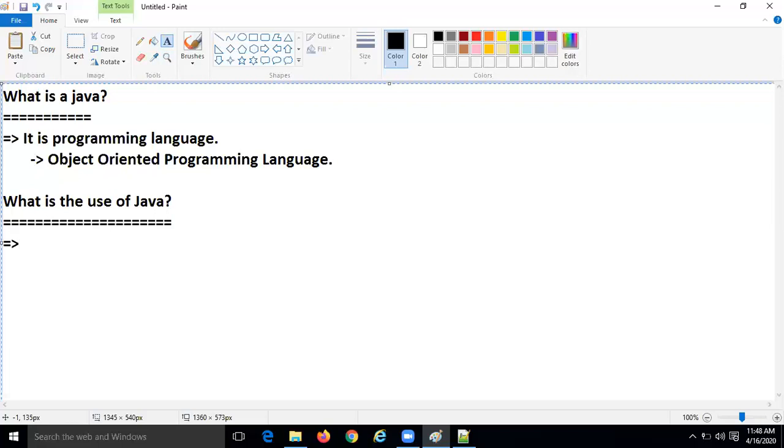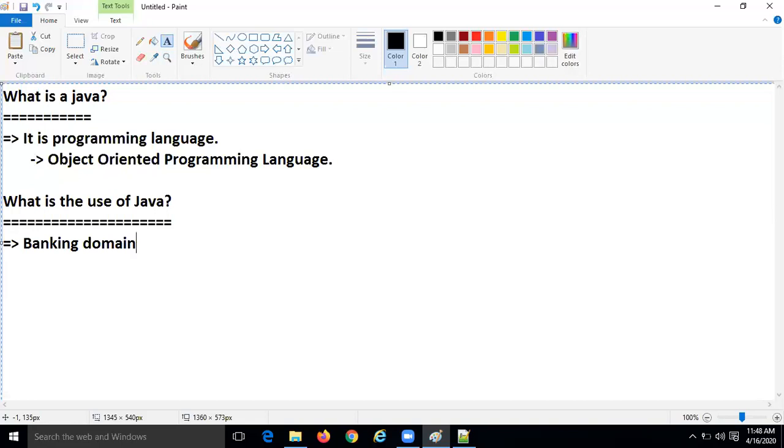Simple. One is banking domain. What is that? Banking domain. Domain is nothing but a project. In the real time, we are using the word domain for project. So banking projects. Okay, ICICI Bank, HDFC Bank, Standard Chartered Bank, State Bank of India.